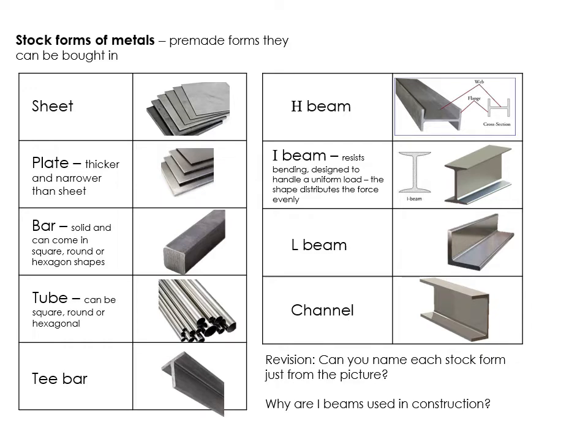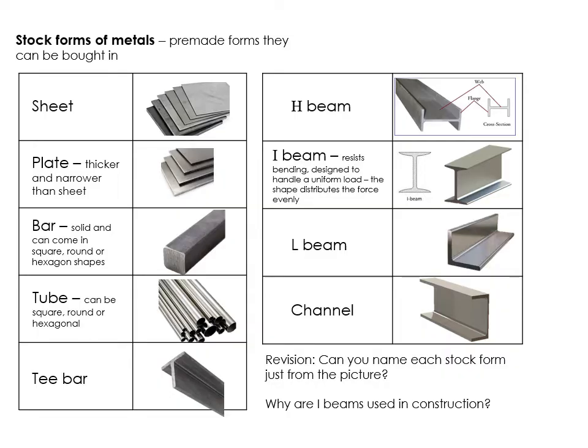They can't stock every single measurement and size and thickness of material possible. So they have these stock forms. Designers, engineers, manufacturers know that materials come in these stock forms, therefore they can design their products to use these. It also means they're easier to transport, they're easier to store, it makes it cheaper all round for everyone.